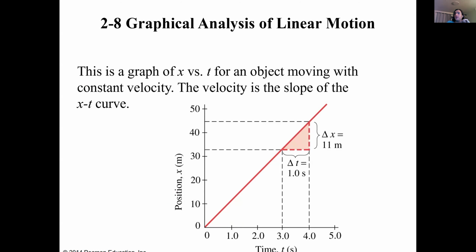This is what I alluded to already, graphical analysis. We can see a position versus time graph here. Whenever you have position versus time as a straight line, that means your velocity is going to be constant, because the slope of that line is actually your velocity. So take a look at that.